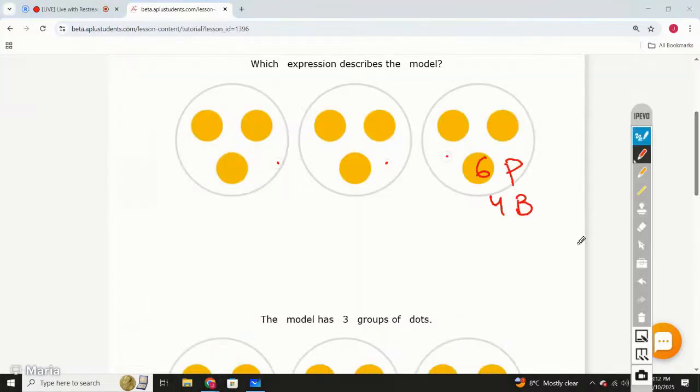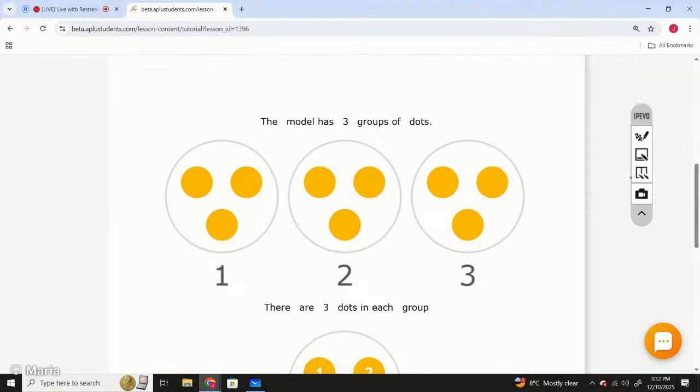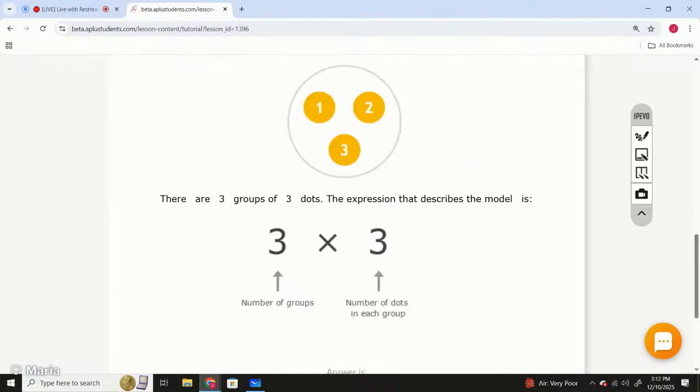So we have one, two, three. Three groups we have, right? And each group has one, two, three. So we have a total of three groups and each group has three.